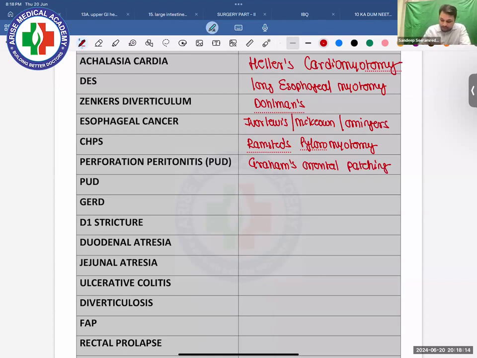For peptic ulcer disease, you have to go with triple or quadruple therapy. For GERD surgical management, the surgery of choice is going to be Nissen's fundoplication. For duodenal stricture, you have to go stricturoplasty.